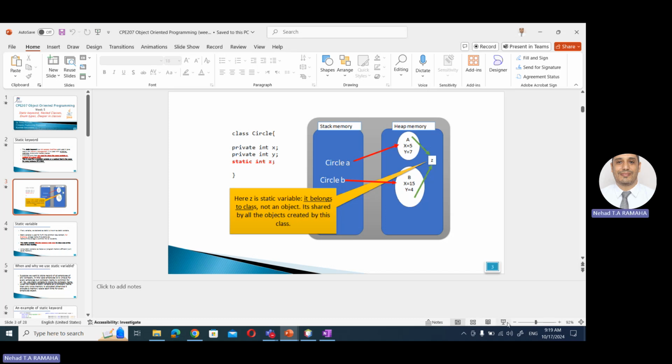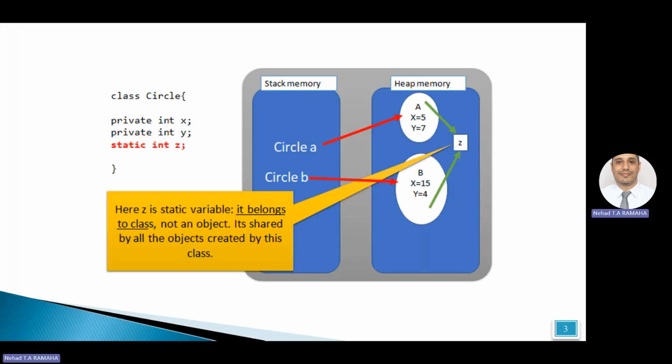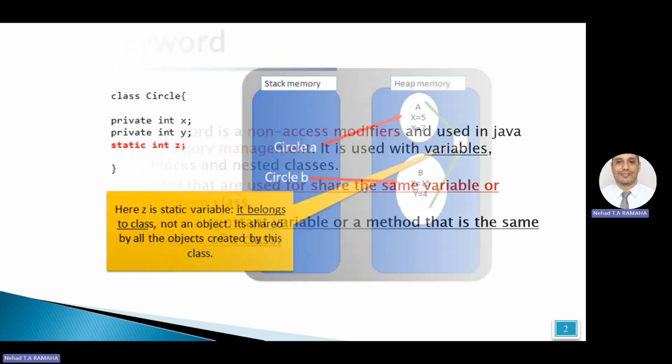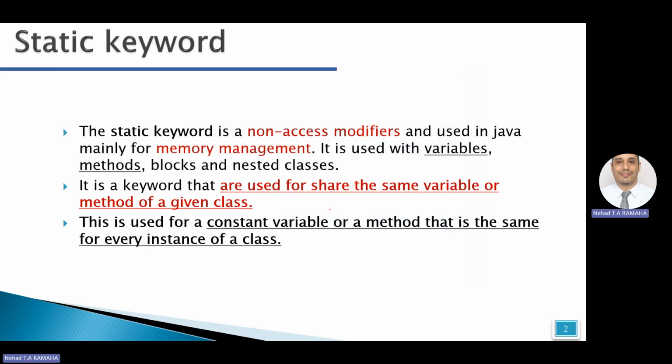This code is very similar to what I did. Why do we use it? We use it for constant variables. Imagine you have a constant variable. What's the meaning of constant?